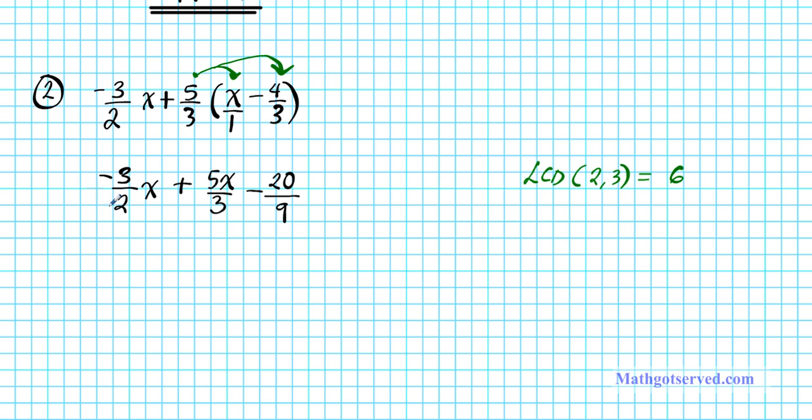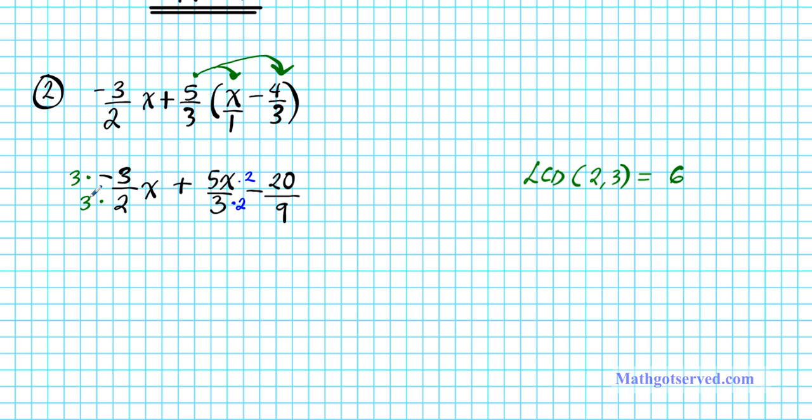To make this 6, I have to multiply the denominator by 3. In order to avoid changing the problem, we have to multiply the numerator by 3 also. In this case here, 5 over 3x, we have to multiply the numerator and the denominator by 2, so the denominator becomes the LCD, which is 6.